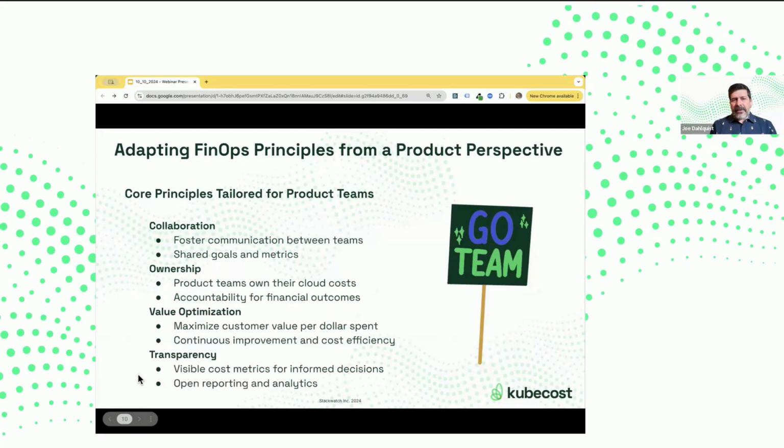When I look at FinOps principles, I think that they really align closely, in my honest opinion, with the principles of good product management. I see it in every nook and cranny, right? Collaboration is the cornerstone of both product management and FinOps practices.